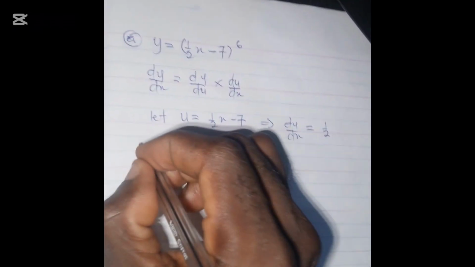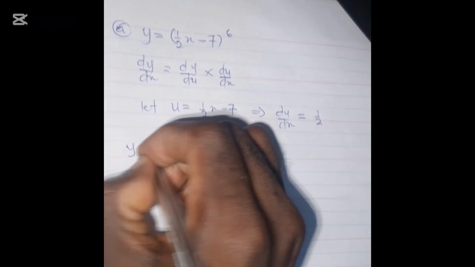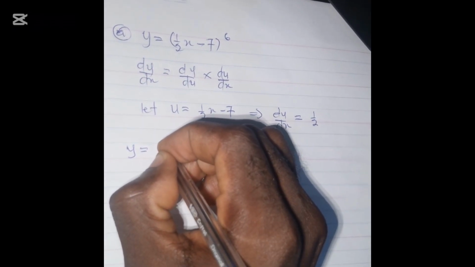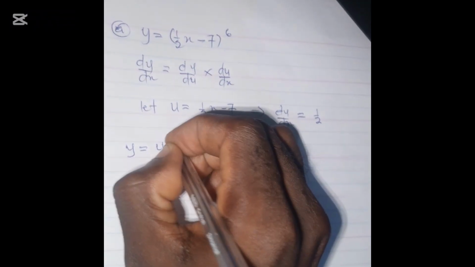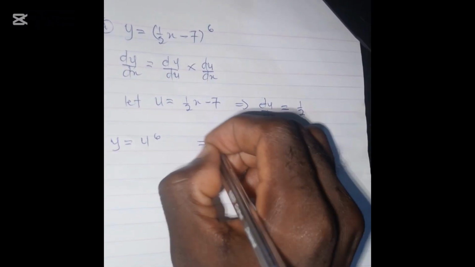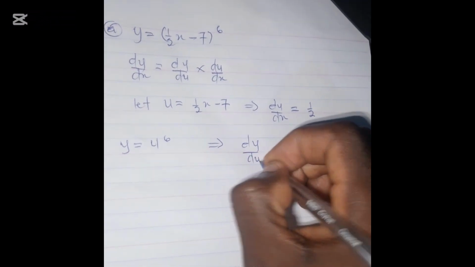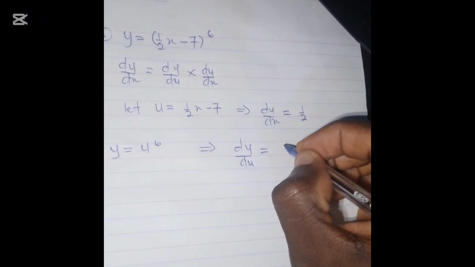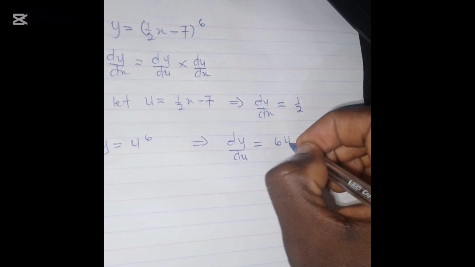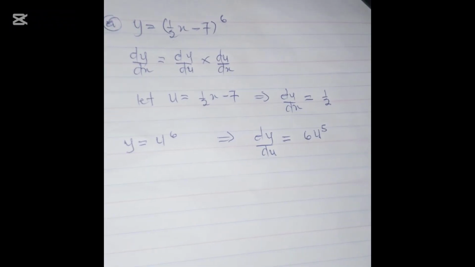If u is equal to half x minus 7, then we substitute u in place of half x minus 7 in the function. So it means that our y is now u raised to the power 6, and if this is differentiated, dy/du is equal to 6u raised to the power 5.